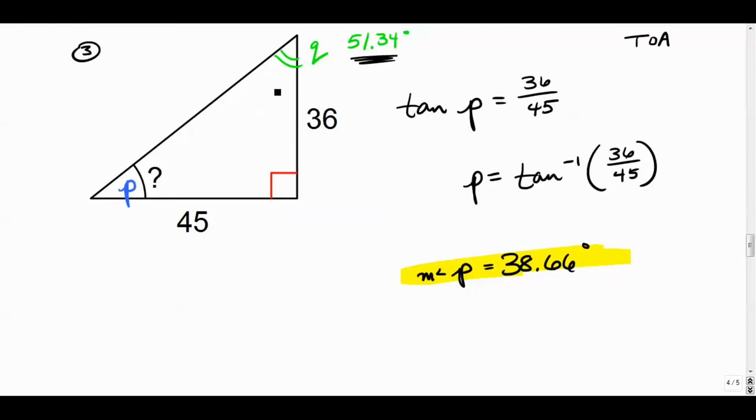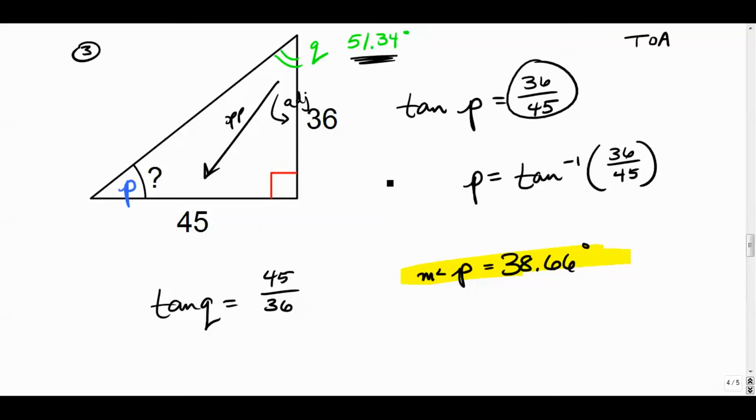So I could use, again, tangent of Q is 45 over 36. Opposite over adjacent. So it's all sort of perspective. We're still using tangent, but these two fractions are reciprocals of each other because we're looking at a different angle, looking at the problem from a different angle, literally.